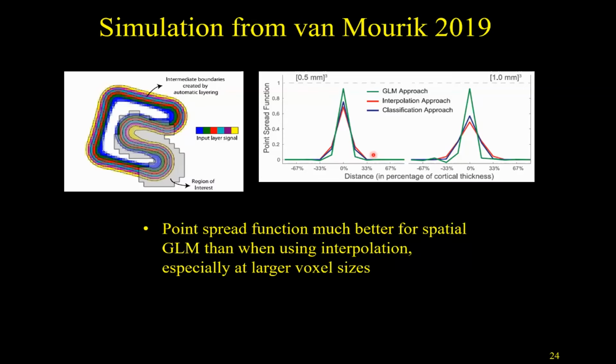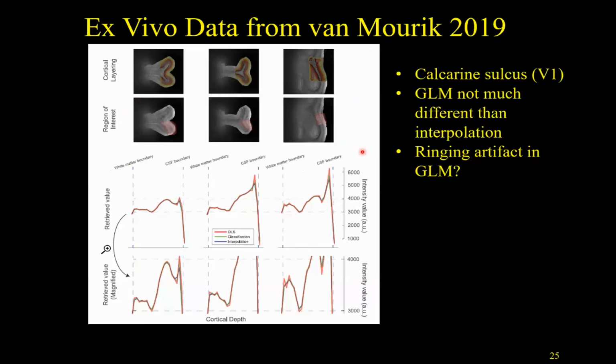So on real data, they used ex vivo data, and I'm sorry, I forget what the actual resolution of it was, but they labeled this V1 area. And then what they did was to use the spatial GLM and the interpolation method to look at the intensity profile.